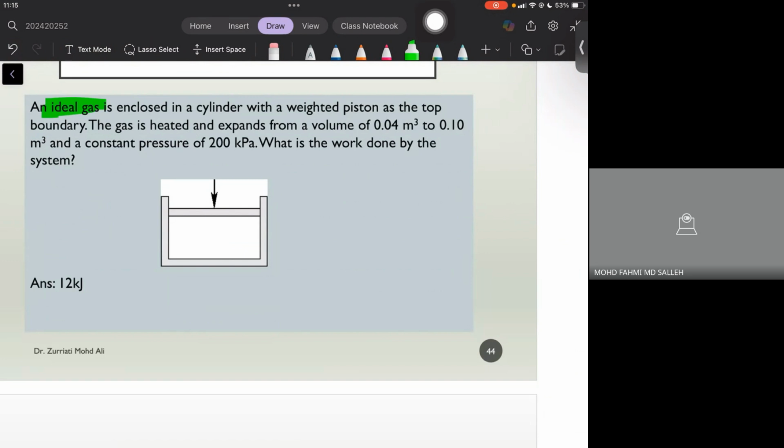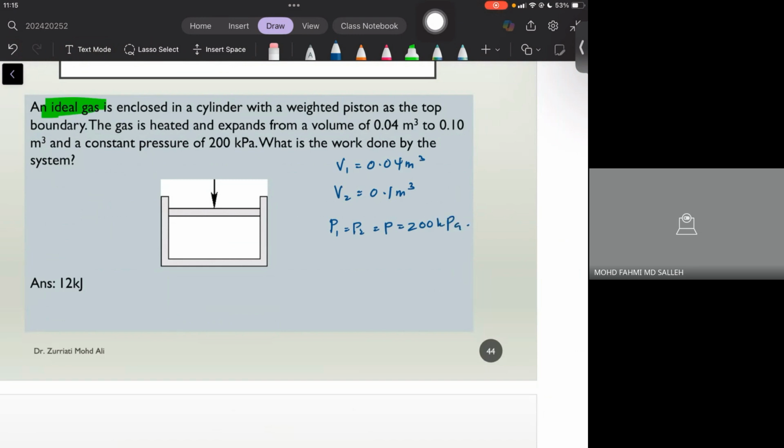Alright, so what else do we have is the process involves heat and expansion from volume 1 equal to 0.04 meter cube, and volume 2 equal to 0.1 meter cube. And the constant pressure, so it will be an isobaric process, P1 equal to P2 equal to P equal to 200 kilopascal.